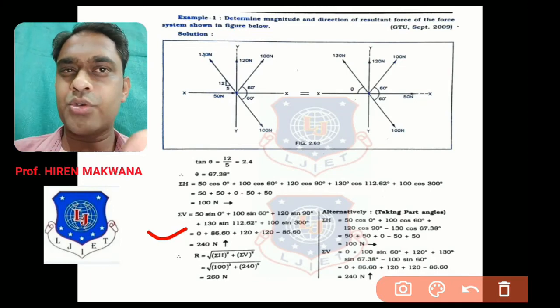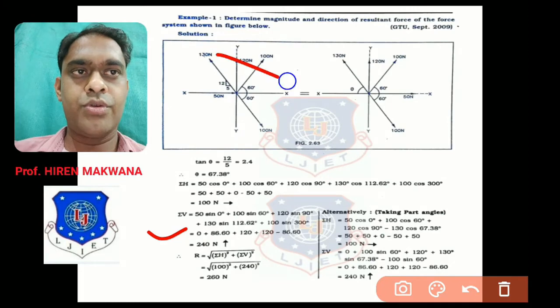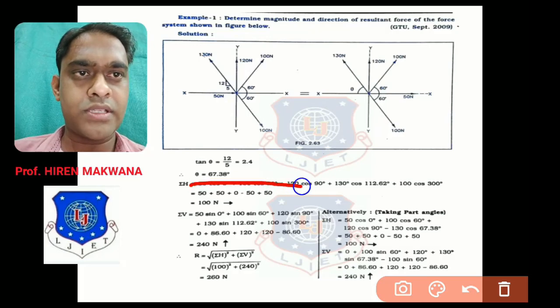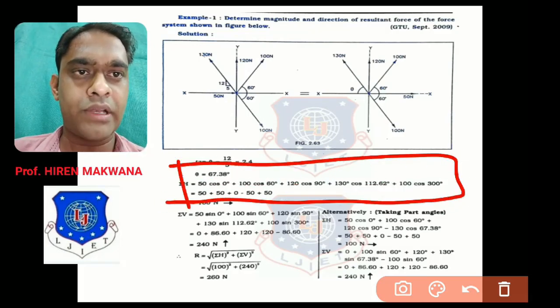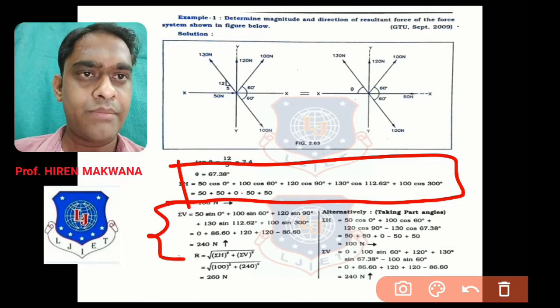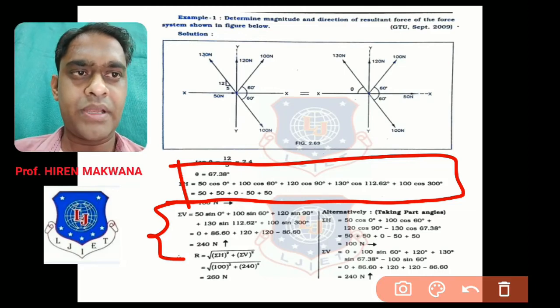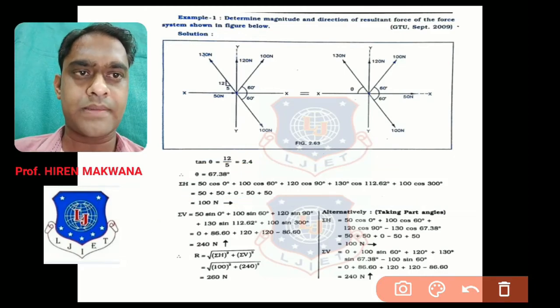So very shortcut method. Now you don't have to follow the figure. Okay, shortcut method. In the sigma h values, just copy all the values over here in sigma v, but replace cos by sine. See, angle is also not changing now, just replace sine in place of cos.